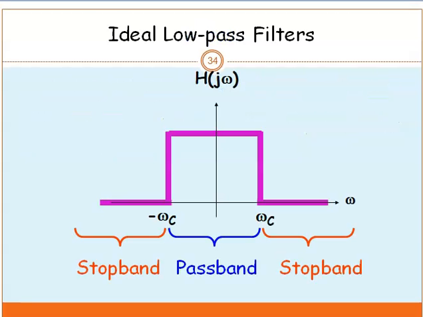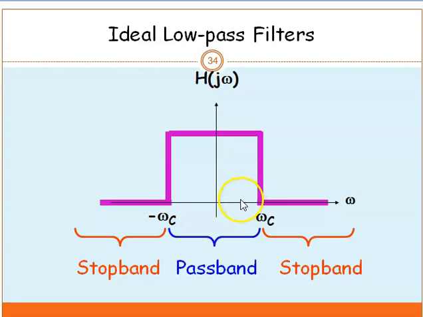Have a look at all these figures. This is an example of an ideal low pass filter. The passband would be this area over here, and the stopband would be these two areas at the right and left.